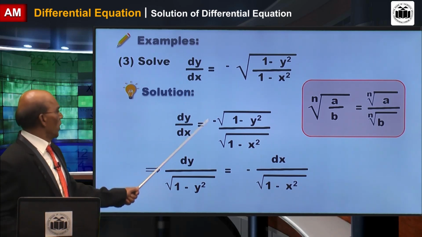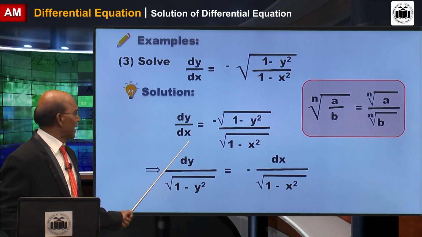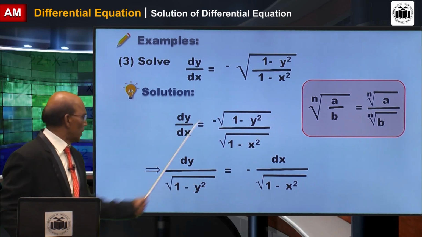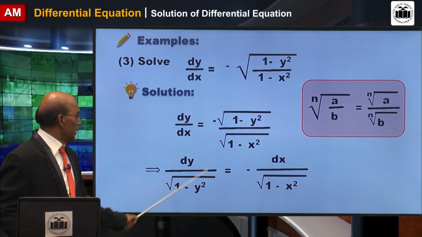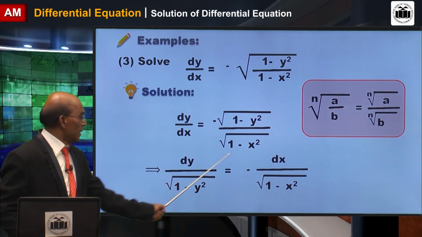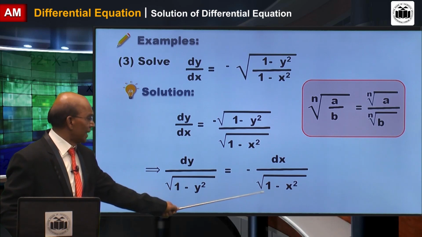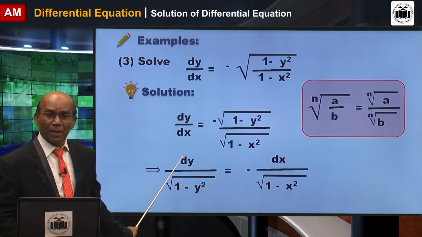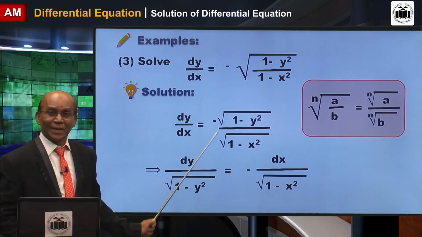We can separate directly, because there is no x in the y term and no y in the right hand side term. So now this is separable.